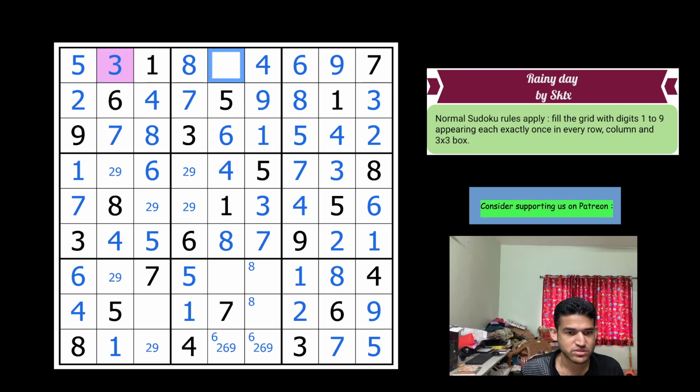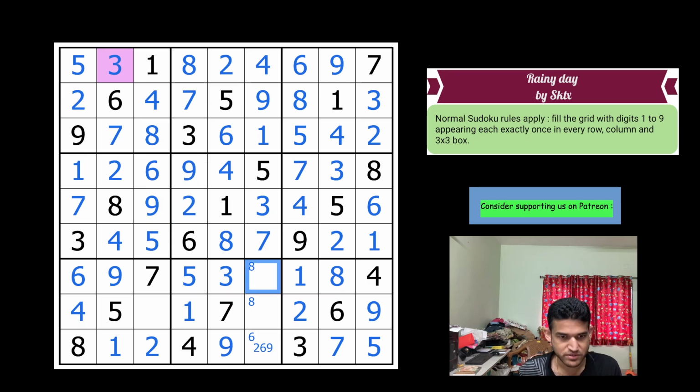This is 2, and you have a 9 here. You have a 3 here to complete the column. This will be 2, this will be 9. And let's finish off the last few digits left. 2, 6 and 8. This is 2, 8 and 6, and this will be 3.